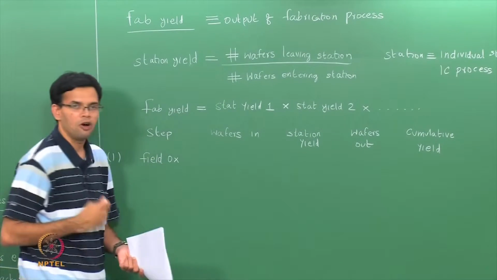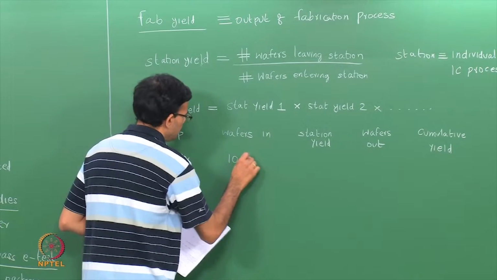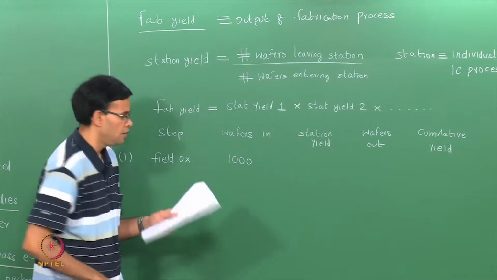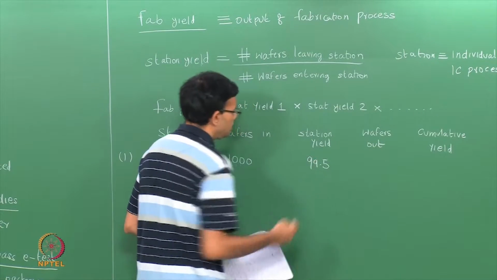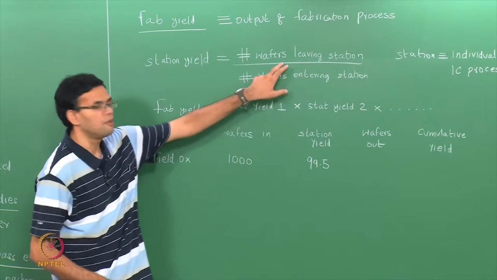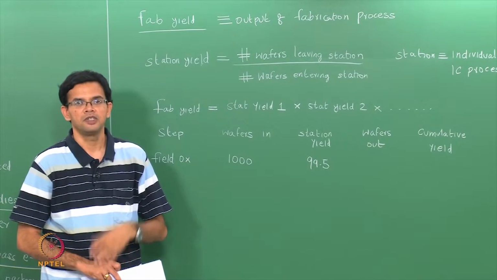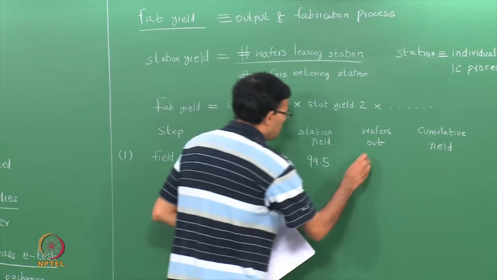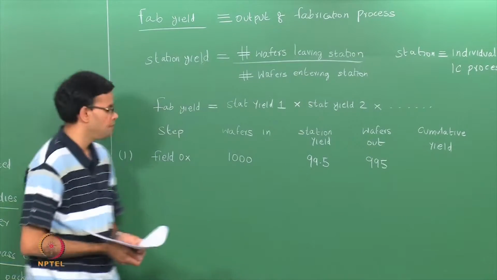So, formation of an oxide layer. So, initially I will start with say 1000 wafers. The station yield is 99.5%, which is nothing but the number of wafers leaving the station by the number of wafers entering. So, that the number of wafers that come out is 995.